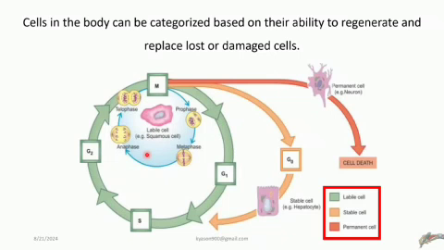And that is good. The only disadvantage here is that such cells on the body that are continuously dividing are more prone to becoming cancerous, as we are going to clarify in the next few slides.